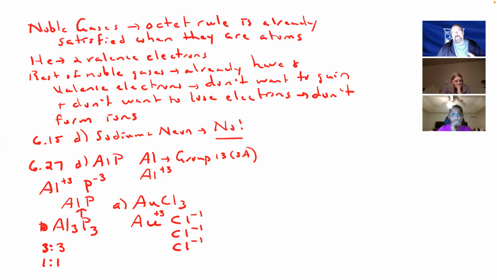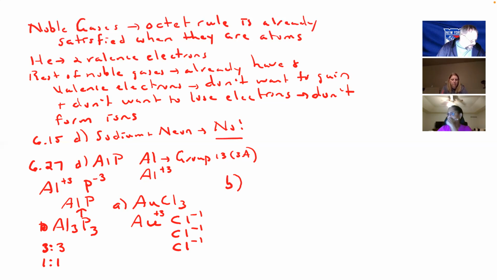That to me is the main drawback of the crisscross method: you have to remember to simplify to the simplest whole number ratio. That's why I like to do it this way. I just figure out how many of each I need to get the charge to add to 0, and then I write the chemical formula.